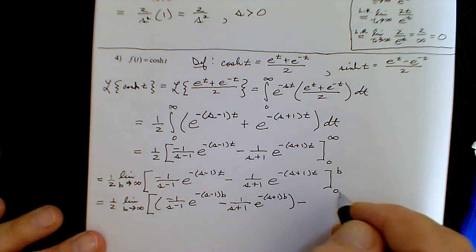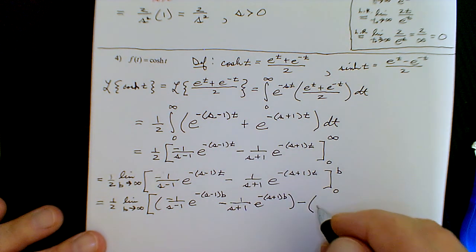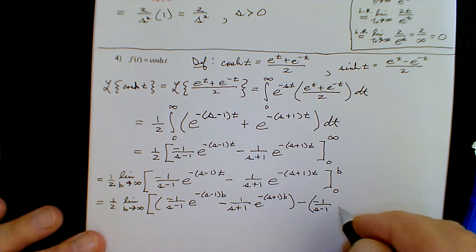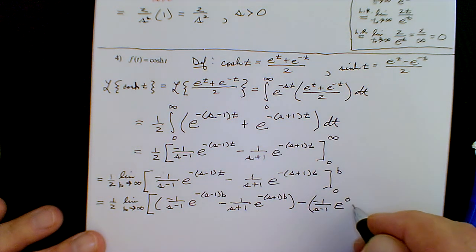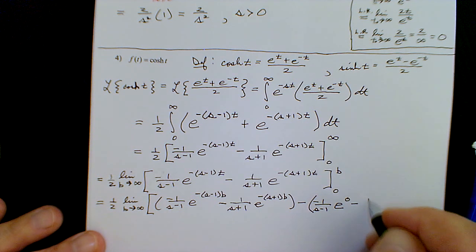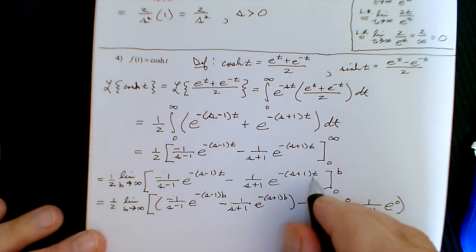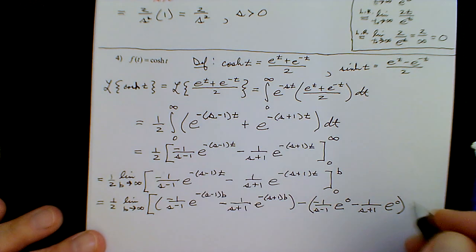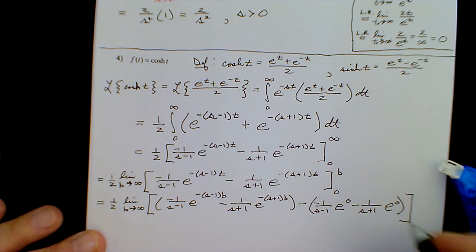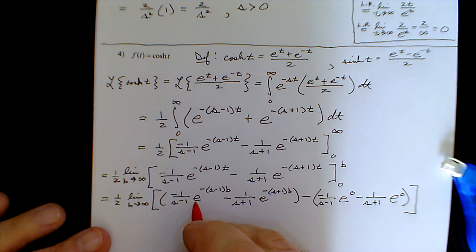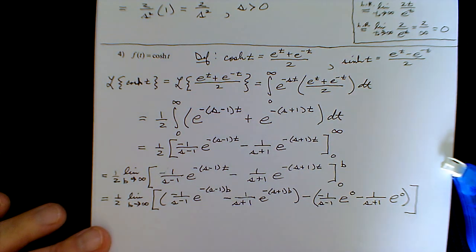Okay, all minus the lower limit goes in. So minus 1 over s minus 1 e to the, I'm just going to say e to the 0, and then minus 1 over s plus 1 e to the 0, because the 0 is going in for t, so that wipes these out. Okay, and then here, these are going to go to 0 again when b tends toward infinity.